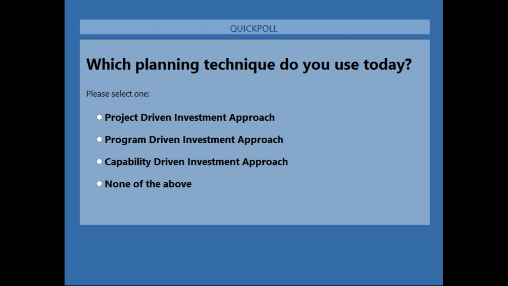Is it the project-driven investment approach, program-driven, or capability-driven investment approach? So project-driven, program-driven, capability-driven, or none of the above? So a few more seconds and then we can close the poll.